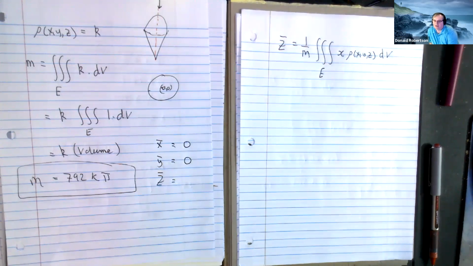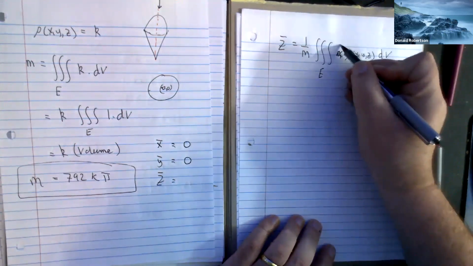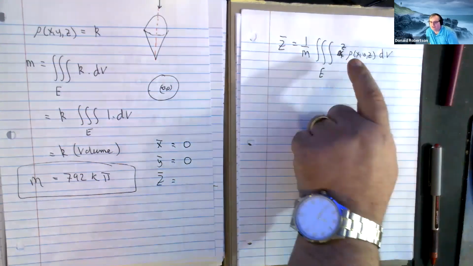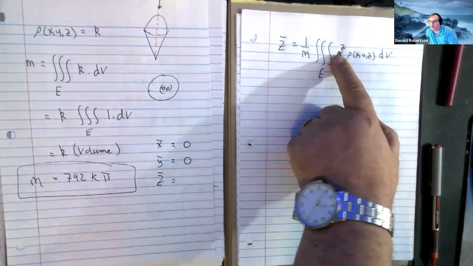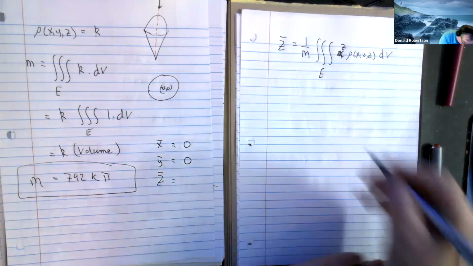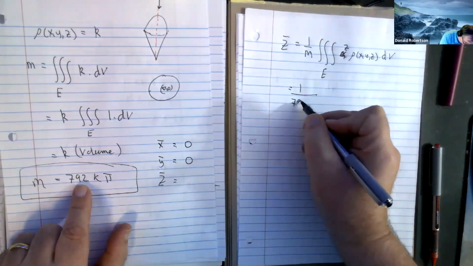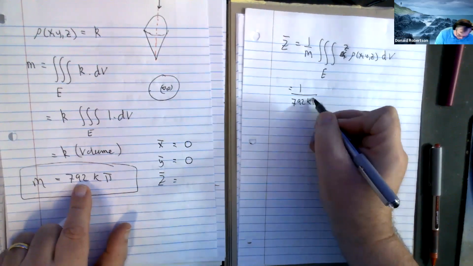Oh, nobody caught me. There, z, right? If it was x bar, which is where my brain was thinking, wouldn't that be x times density? If it was y bar, it'd be y times density. Right? Now, I already know what the mass is. So that's taken care of.